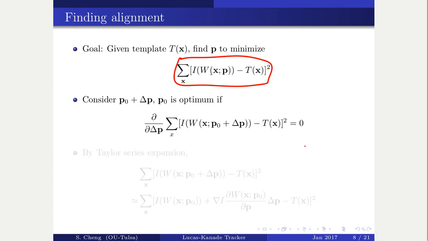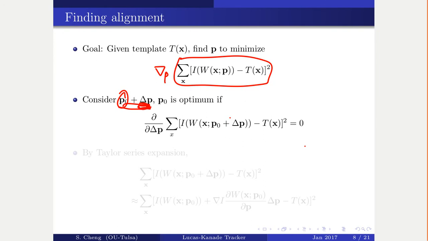So this is actually just a scalar function. The typical approach is just taking the gradient with respect to p. The ingenious idea here is that instead of taking the gradient with respect to p directly, because it's hard to tackle, what we're trying to do is substitute p by p naught plus delta p, and we think of p naught as just something fixed, a constant, and we're just trying to optimize in terms of delta p.